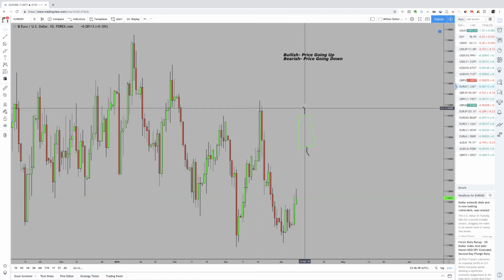These little black wicks that you see at the end of the candlesticks represent where price went during this given time frame, but didn't quite finish.